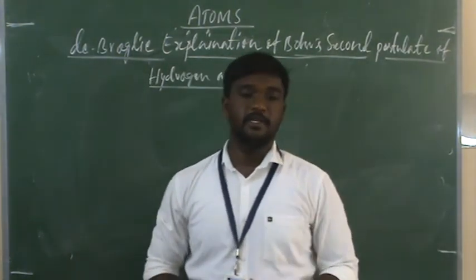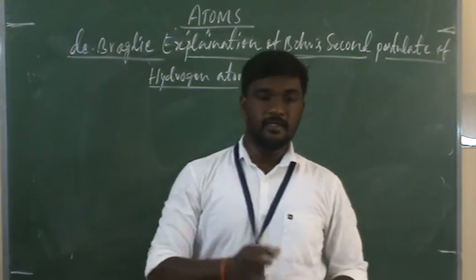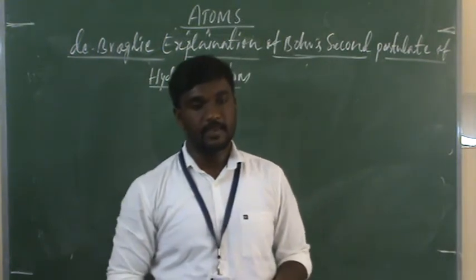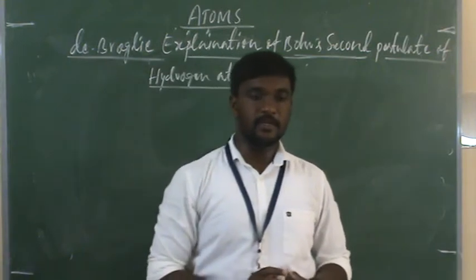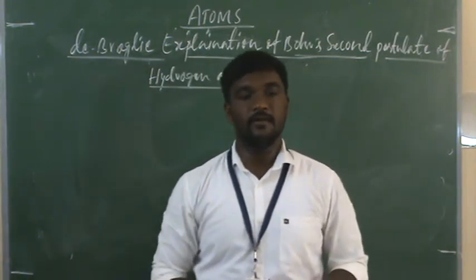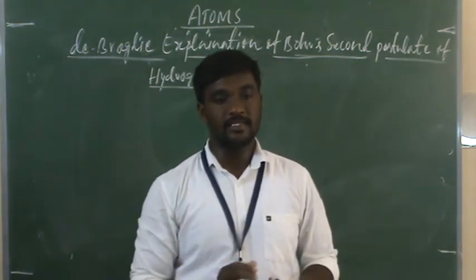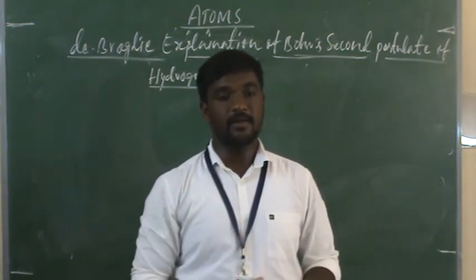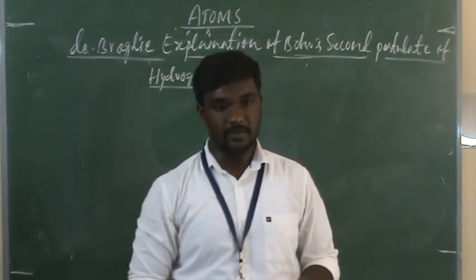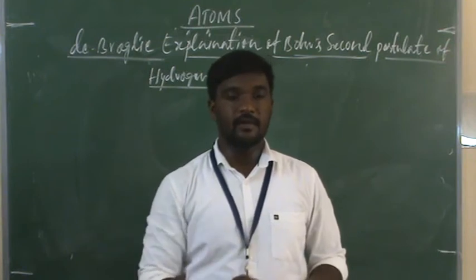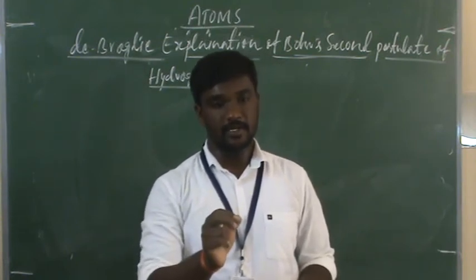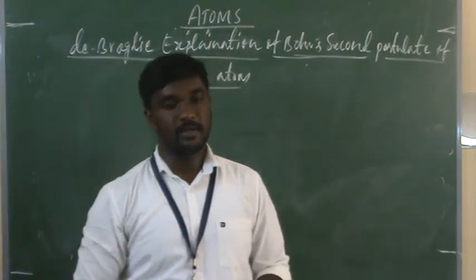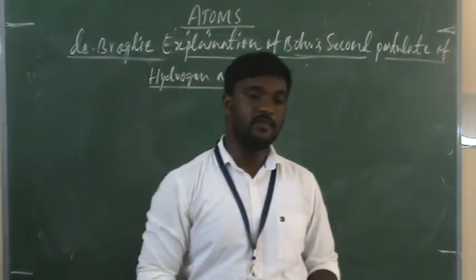In the previous session we discussed Bohr's postulates. What are the three postulates? First postulate: an electron revolving around the nucleus in a certain orbit, that orbit is called a stationary orbit. That is the first postulate of Bohr.